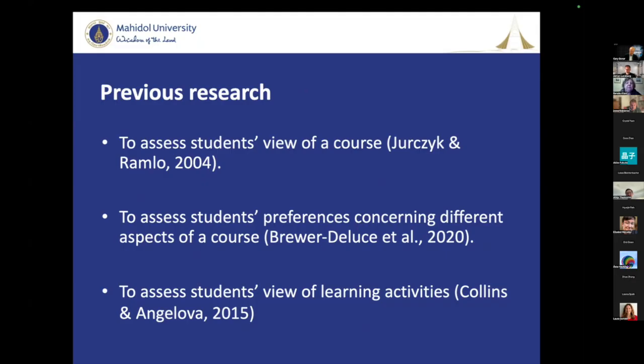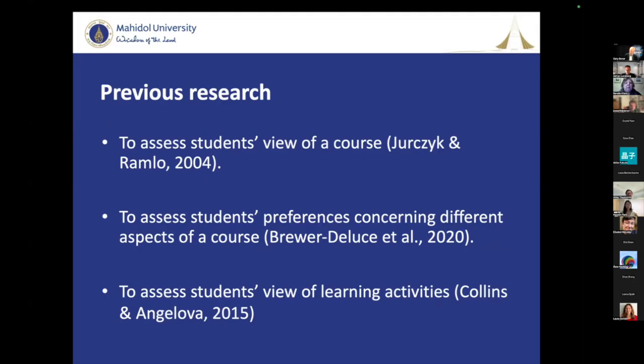We can use Q to look into students' view of a course, and as well as to assess student preference concerning different aspects of the program. When I say different aspects of the program, I mean when you evaluate the program, you may look into different components. For example, teachers, the content in the program, classroom environments, even students themselves.